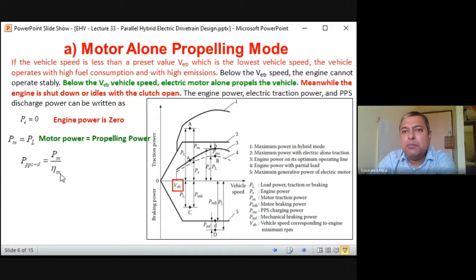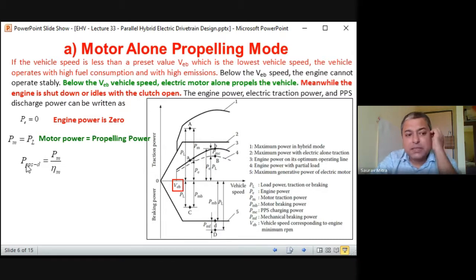So whatever PPS is there, that is actually supplying the power to the motor. Suppose motor power is 100 units. This 100 unit power is required to propel the overall vehicle, but the motor is operating with 90% efficiency. So PPS has to produce more power.